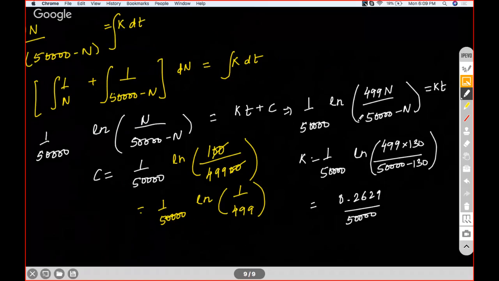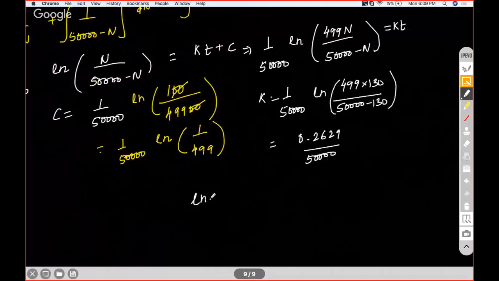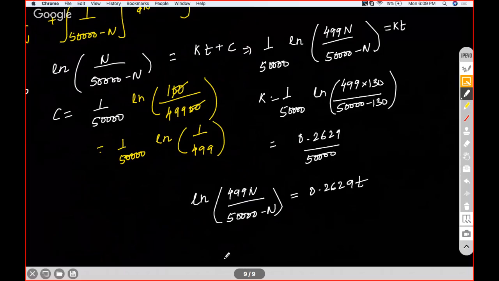So the question was asking how much would be infected after a week from now. So it would be ln 499n by 50,000 minus n is equal to 50,000 kt. 50,000 kt is 0.626290.